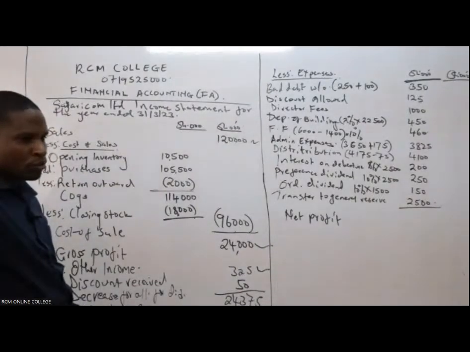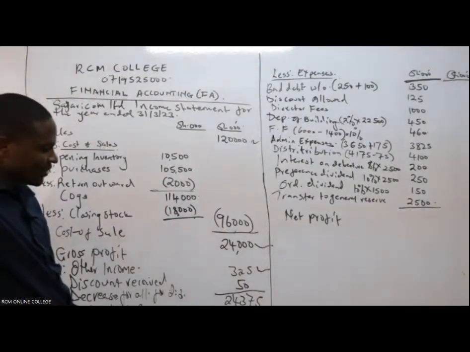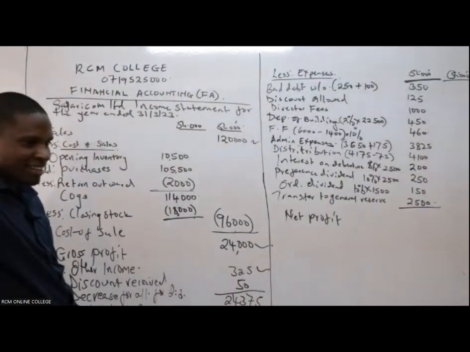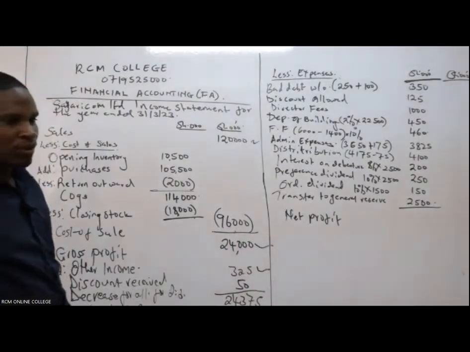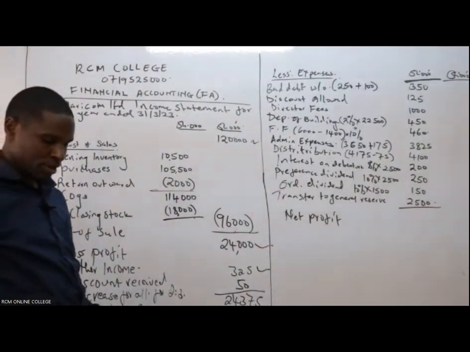That has been too much, Sharon. 24,375 minus 13,160, is that what you are getting? I think we need people to help us so that we get a variety of answers.